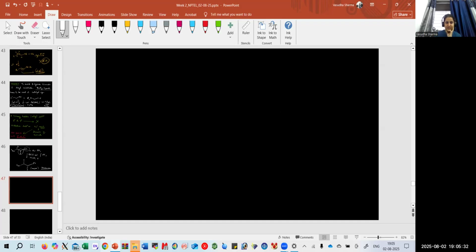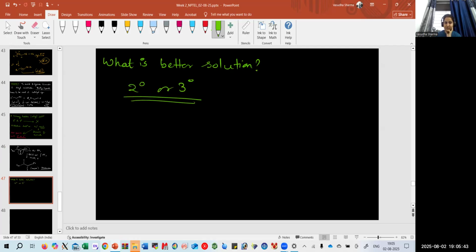So what is the better solution now? For involving tertiary and secondary substrates as well, we need to change the mechanism. It should not go via SN2, it should go via radical mechanism.